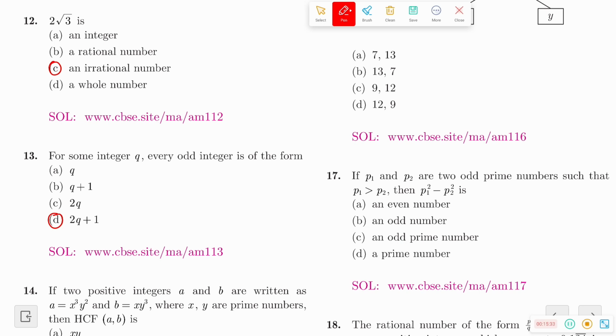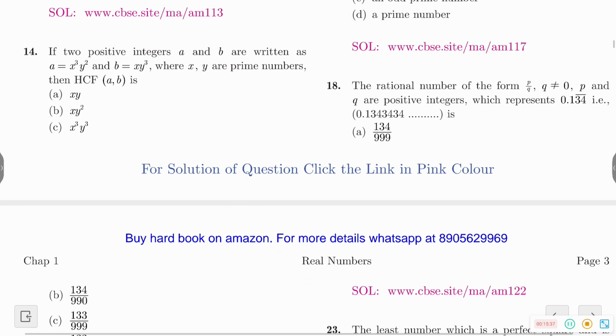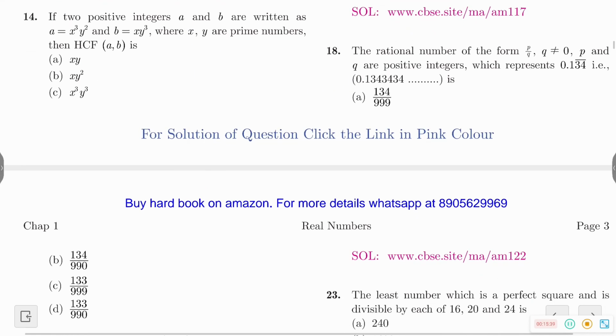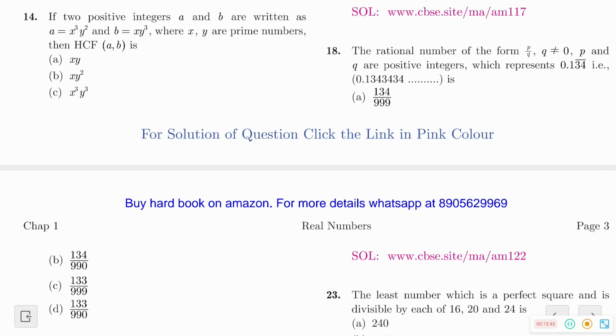Now question number 14. In question number 14, we have to find out HCF of A and B. Here already prime factorization is given. Prime factorization of A is x to the power of 3 into y to the power of 2, and prime factorization of B is x into y to the power of 3.